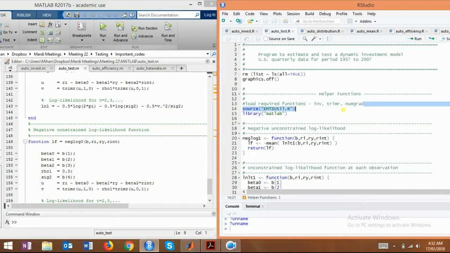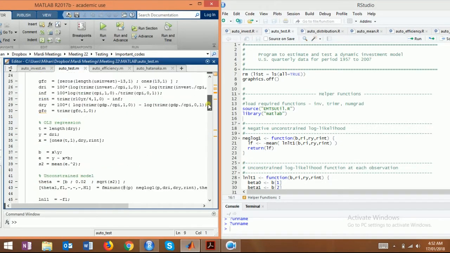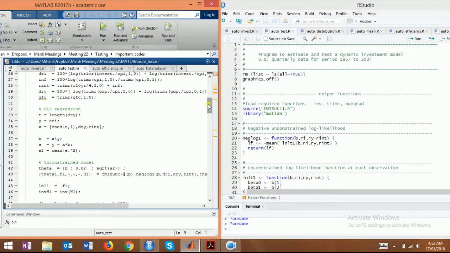To get inverse Hessian and to be able to use these functions, inverse Hessian, numeric gradient, we load the library from MATLAB. We load the MATLAB library, which is great. A good computational specialist or a good mathematician always works in multiple packages.